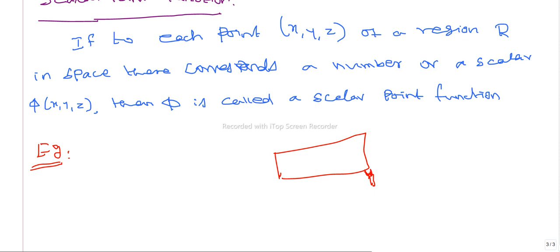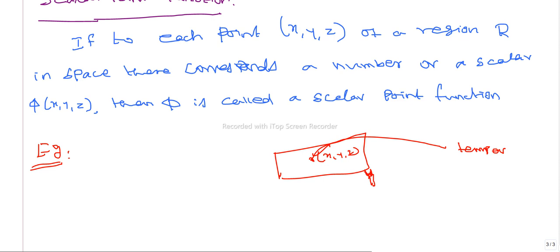You can pick any point x, y, z and talk about the temperature at that point. How much temperature is at the point? So we have to assign this point a temperature.